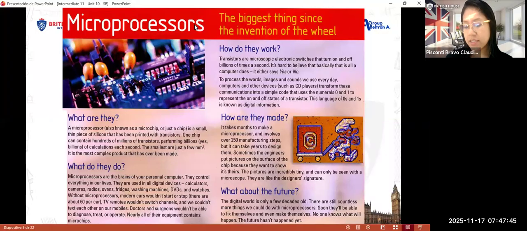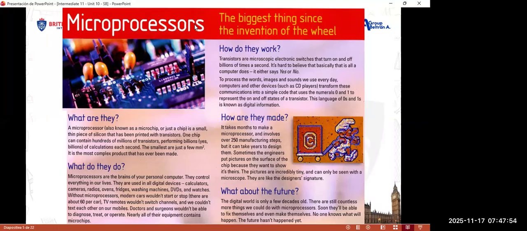Okay, now let's continue. Jefferson, hello there. Good morning. Can you continue? How are they made? Good morning, teacher. How are they made? It takes months to make a microprocessor and involves over 250 manufacturing steps, but it can take years to design them.